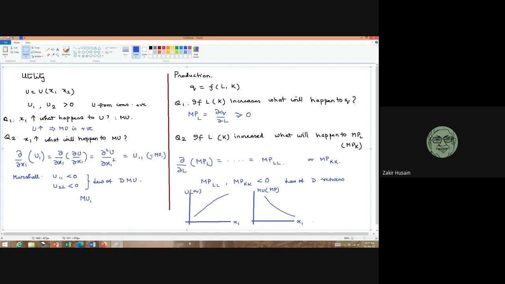Okay, what I'm saying over here is that if the consumption of X1 increases, your utility is going to increase. This is the total utility.